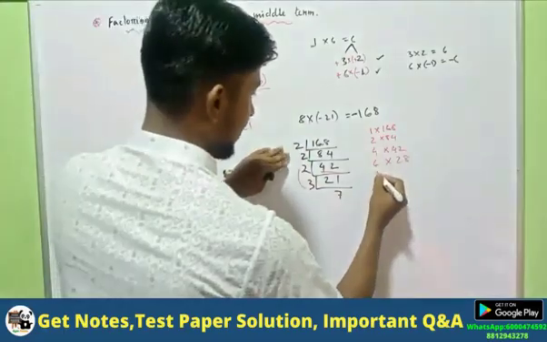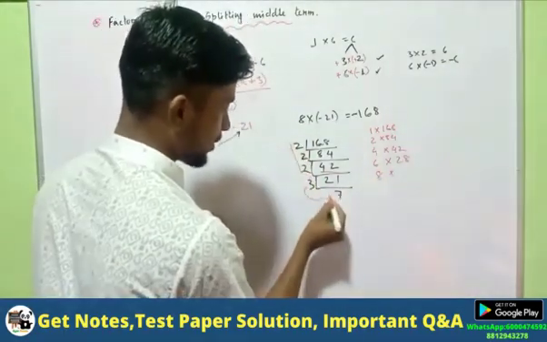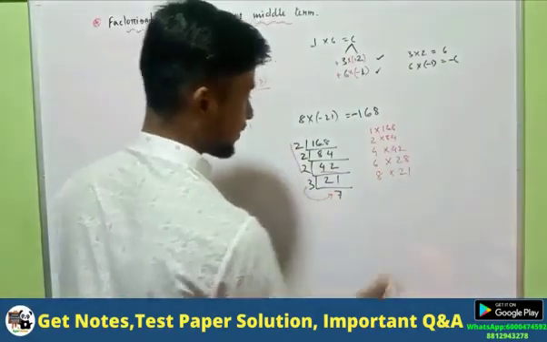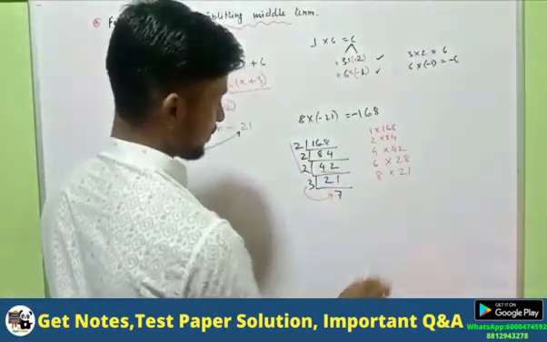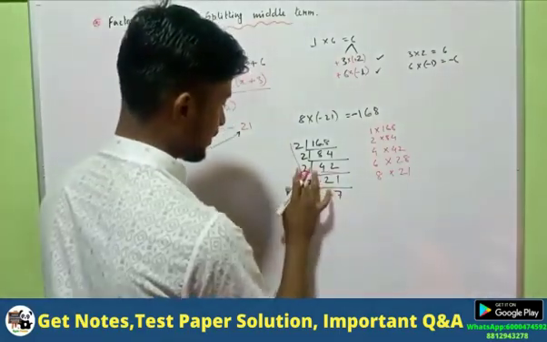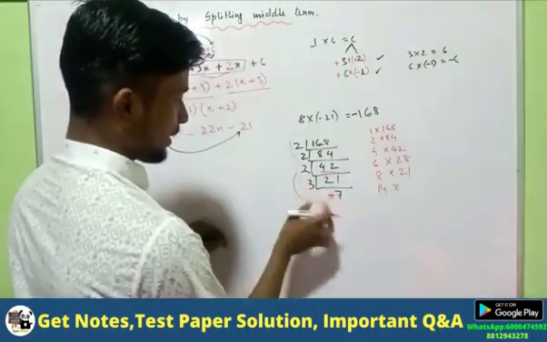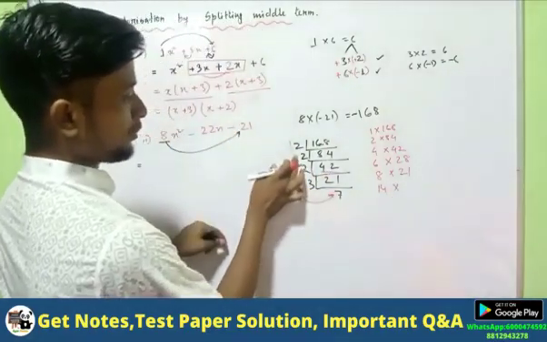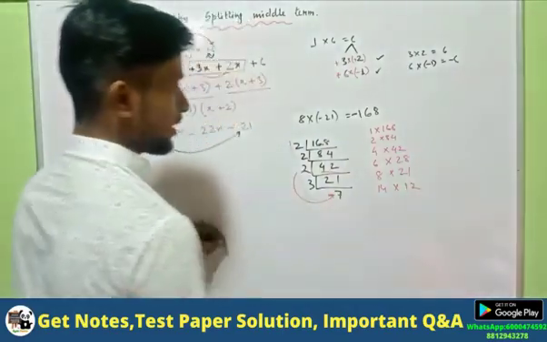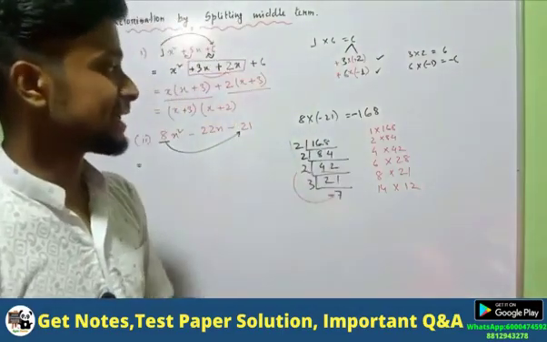And then we have 8 into 21, right? Next we also have 14. If you take 14, then it will be 14 into 12. These are all the pairs of factors of 168.